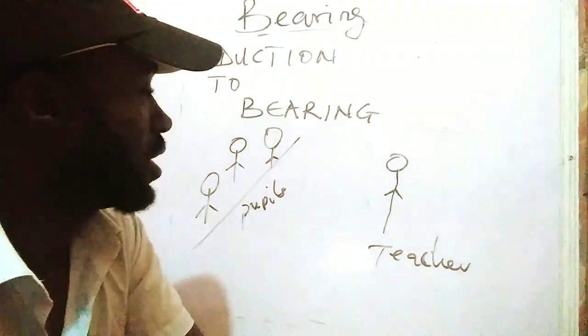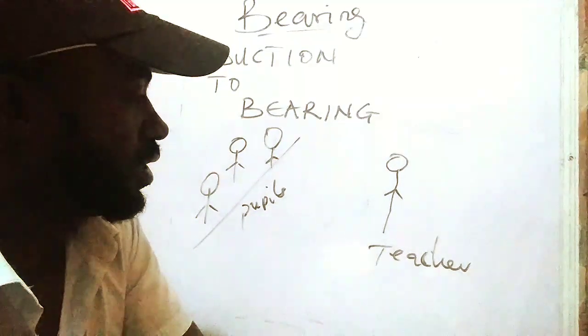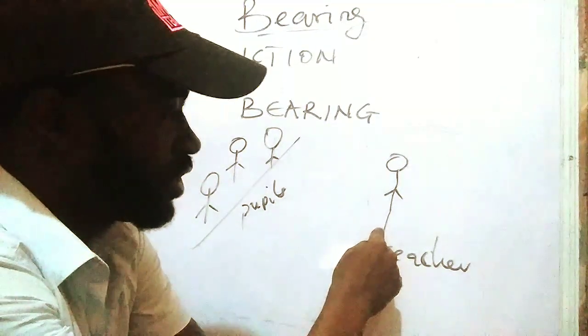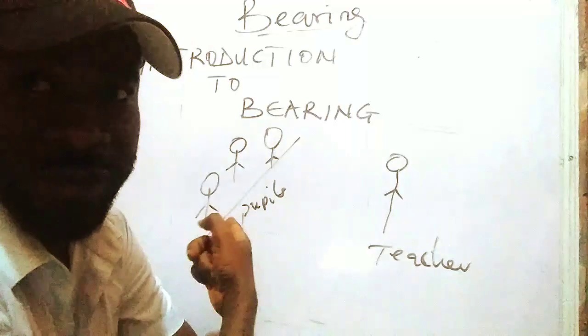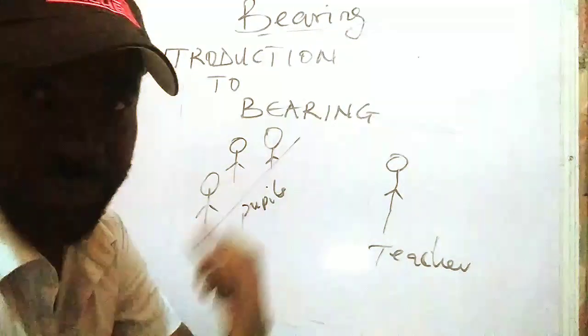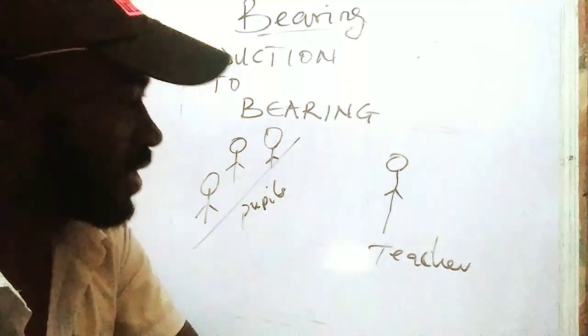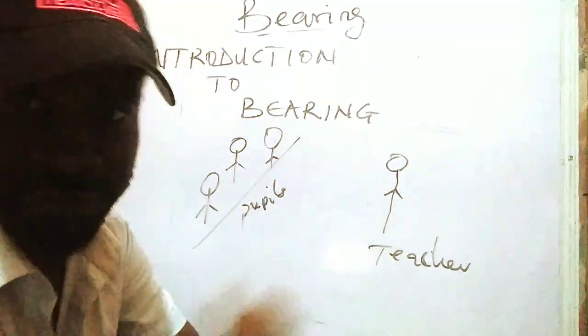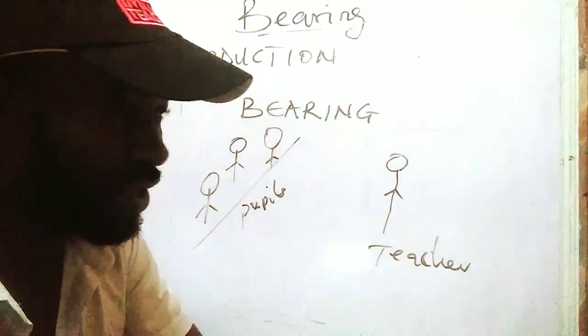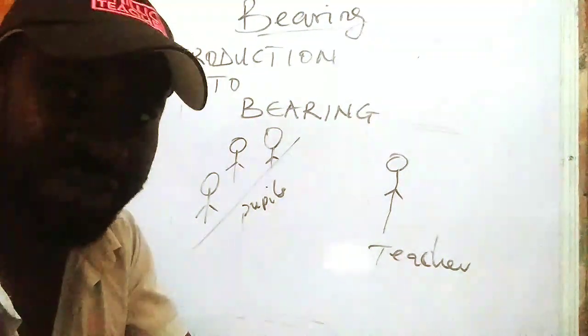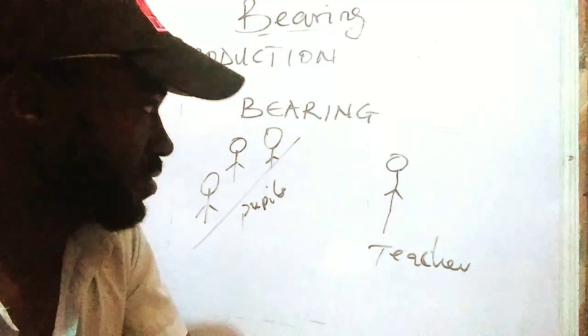Okay, now the teacher is also in front of these three pupils. Now, despite the fact that these three pupils are in front of this teacher, they are actually in different bearing.